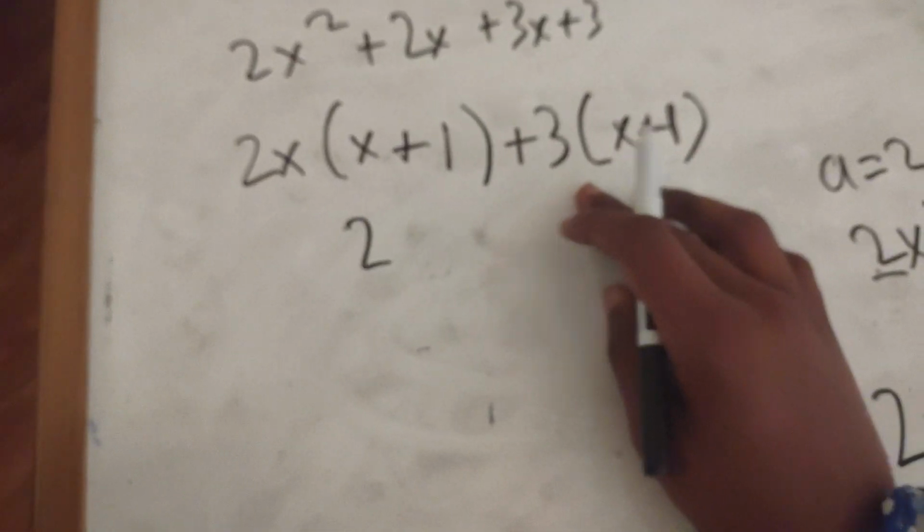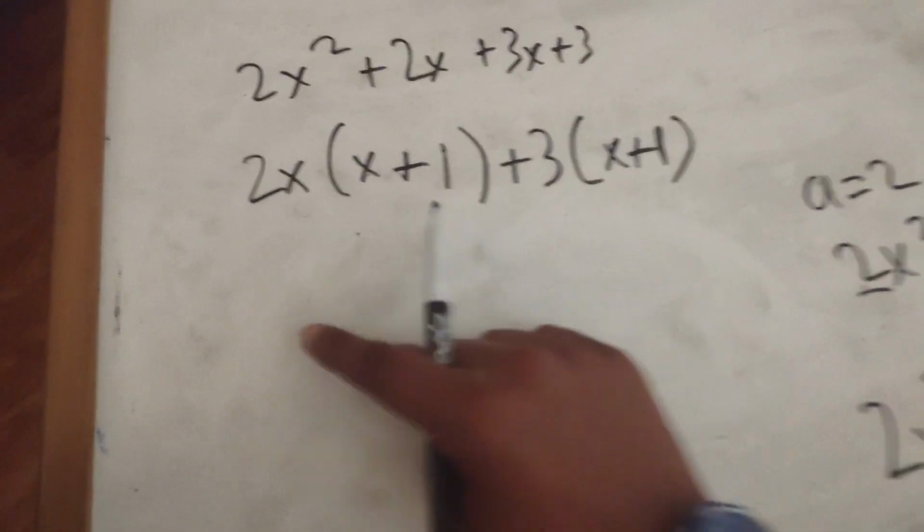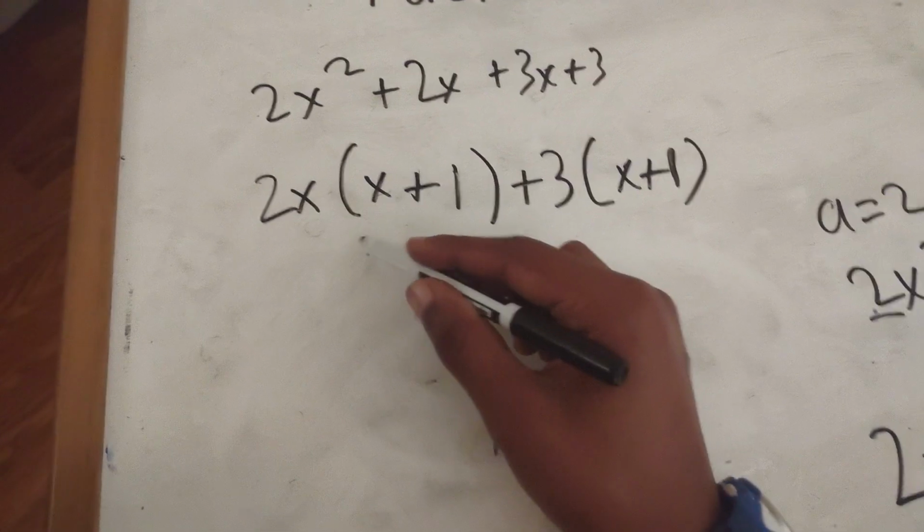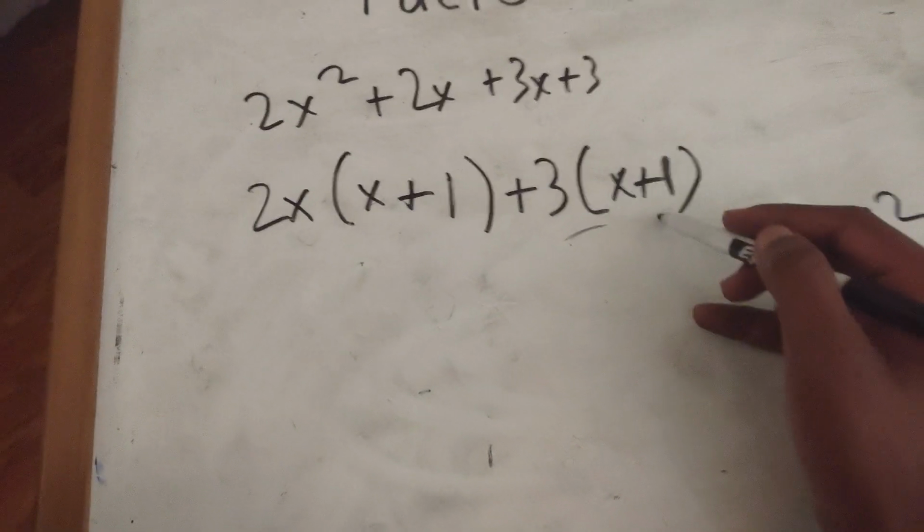And then what we'll do is take out a common factor. In this case, our common factor is x plus 1.